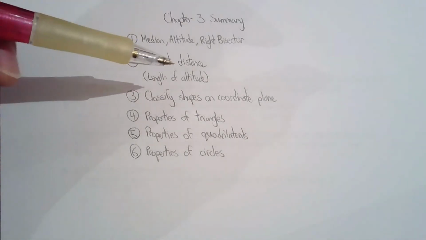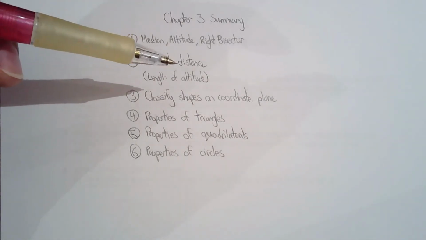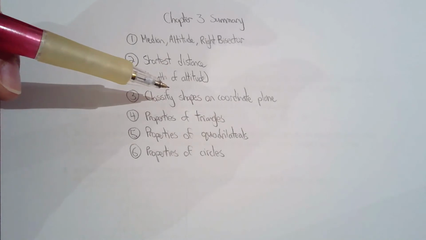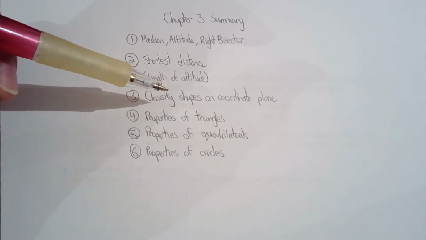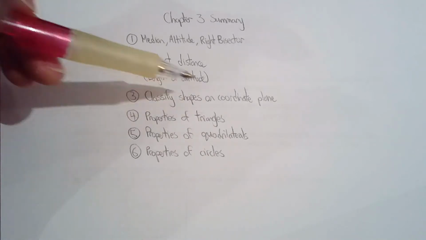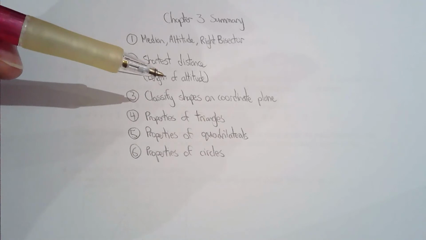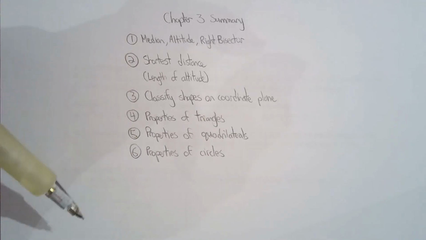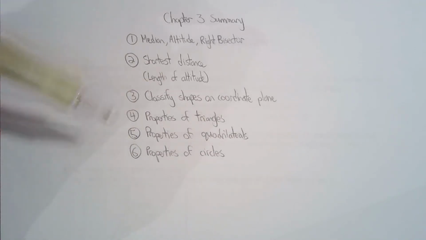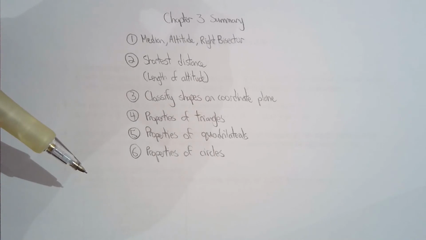Now, for quadrilaterals, it's either a parallelogram, square, rhombus, or rectangle. So first, solve for the slopes to see if it's a parallelogram, and then you can determine what kind of parallelogram by solving for the length of a pair of adjacent sides.